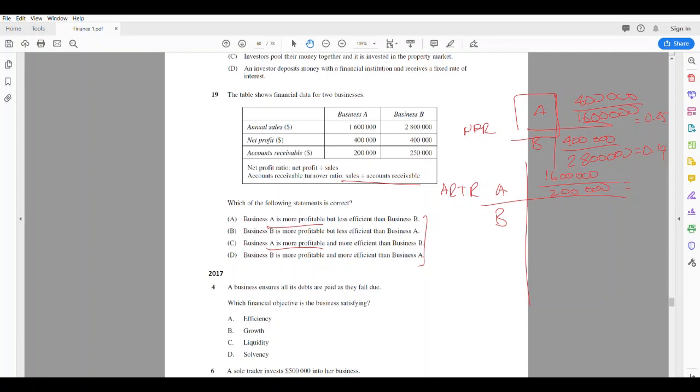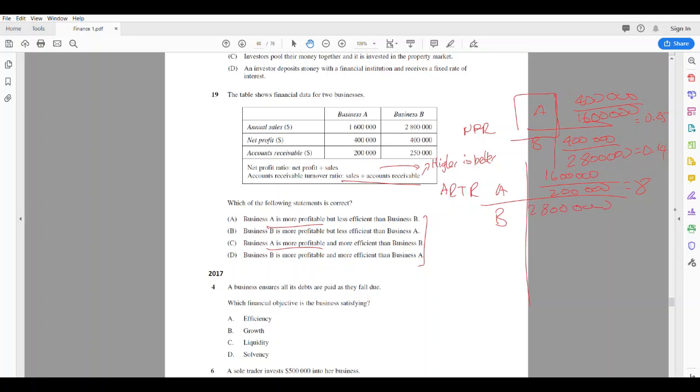That gives me an answer of 8. And here, for accounts receivable turnover ratio, high is better. And we should already know for net profit, higher is better as well.